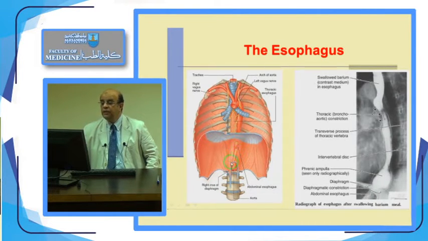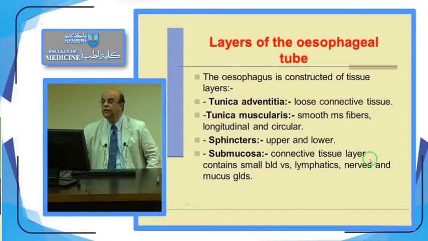This is the hiatus, which is composed of the right crus and the left crus, which extends to insert in the vertebra, making the arcuate ligament from which passes the aorta. So this is the thoracic constriction around the bronchoaortic from the aortic arch, and this is the compression in the diaphragmatic hiatus, which is the abdominal part.